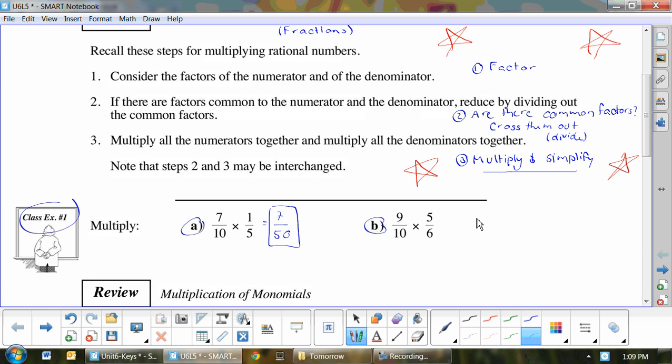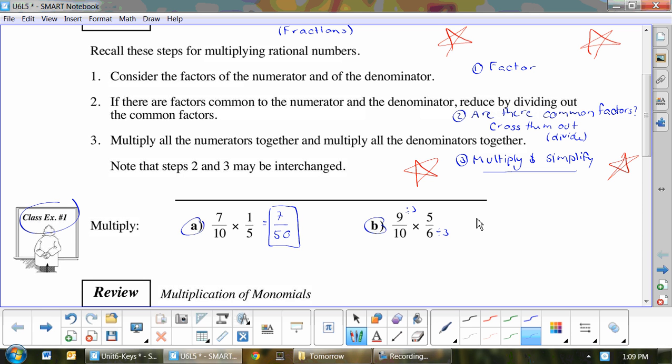So for example, in this one you can go, oh, well, 6 doesn't have a common factor with 10, or 9 doesn't have a common factor with 10, but it has one with 6. So you can divide both of these by 3. So you're allowed to reduce across the multiplication sign.